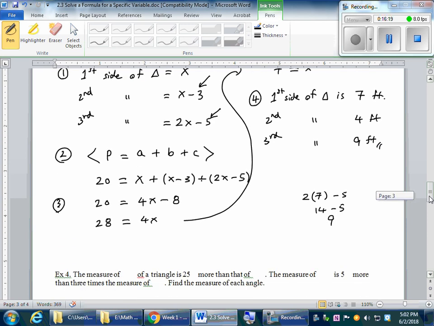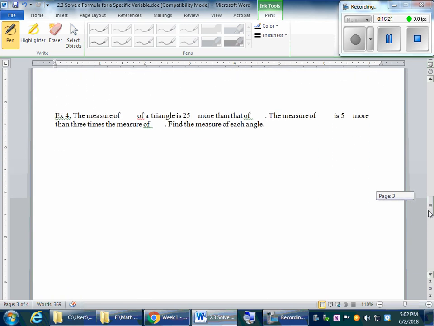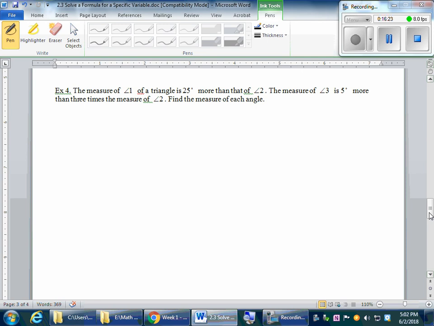Moving to the next example, example number 4. The measure of angle 1 of a triangle is 25 degrees more than that of the second angle. The measure of the third angle is 5 more than 3 times the measure of angle 2.